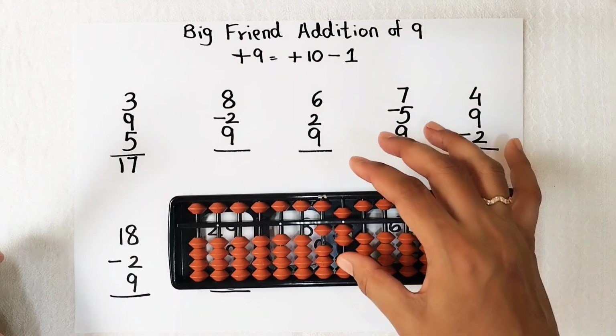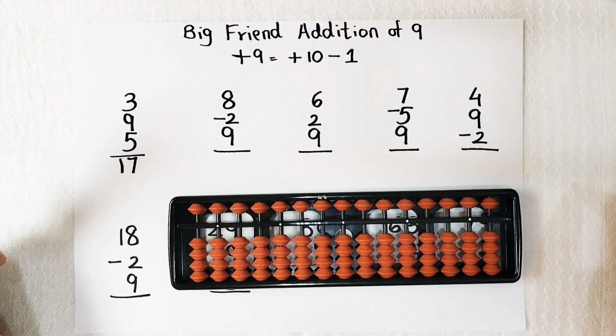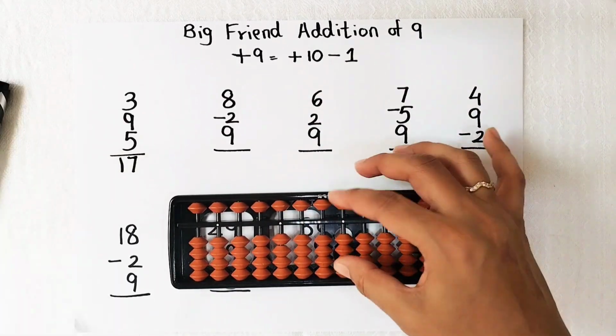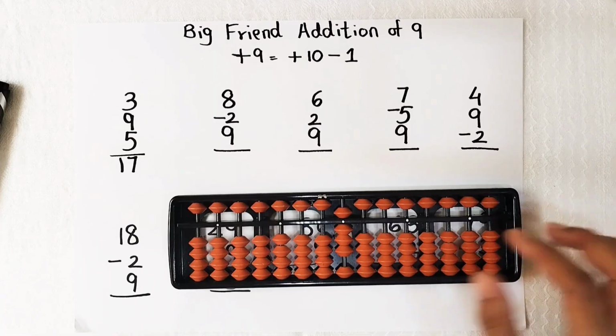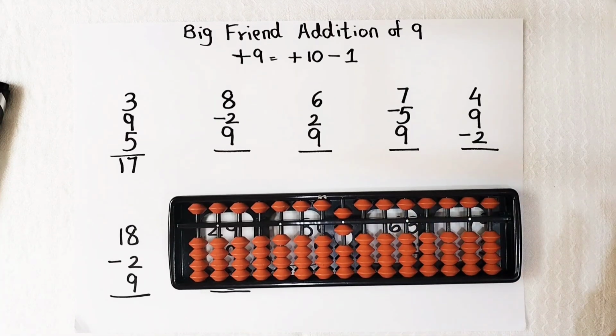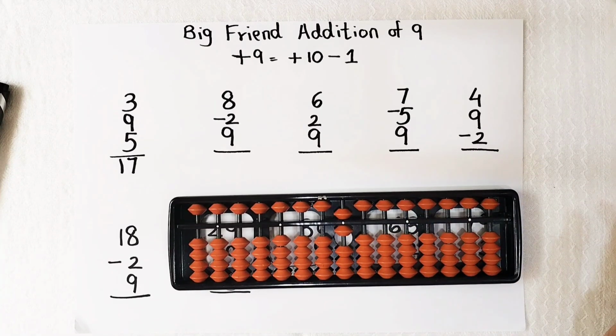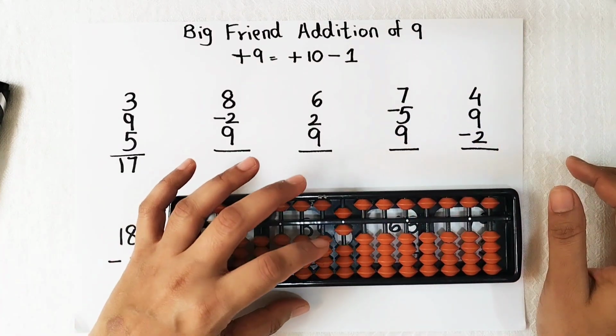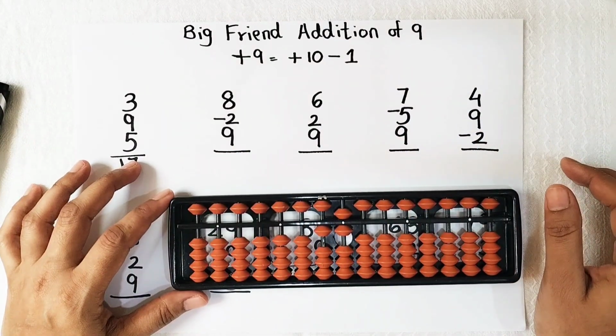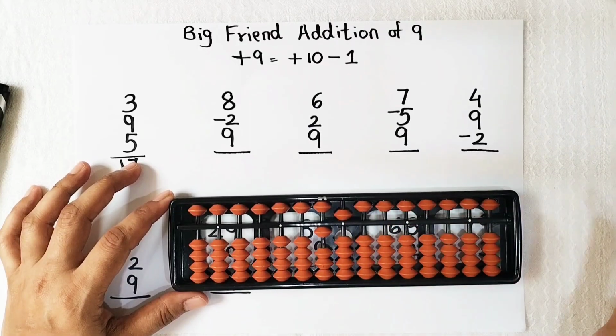Next one. 8 less 2. Add 9. Again the formula. Add the 10 and less 1.